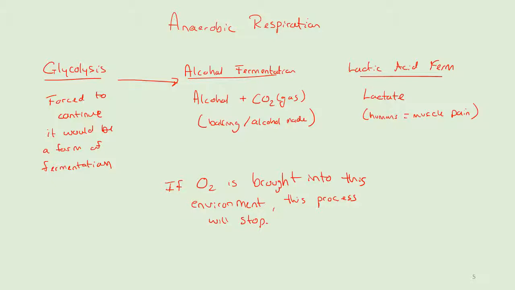I should just write this off to the side. It does use another energy molecule. You might see a question that asks you what kind of energy molecule is used in forms of fermentation. NAD would be it. It recycles that, so it keeps sending it back to the beginning. And it only produces a little bit of ATP.